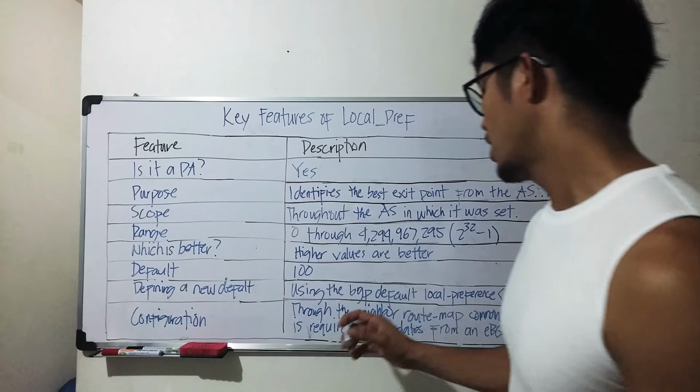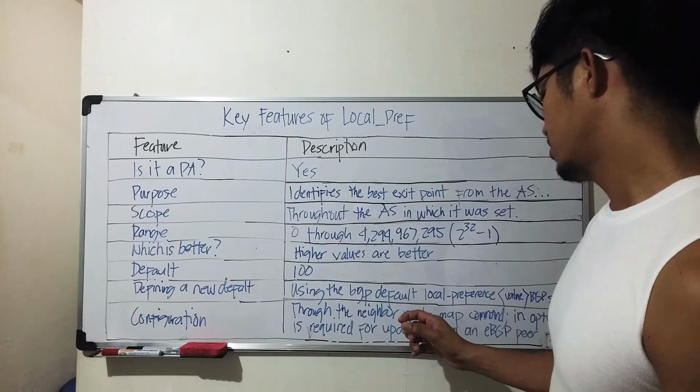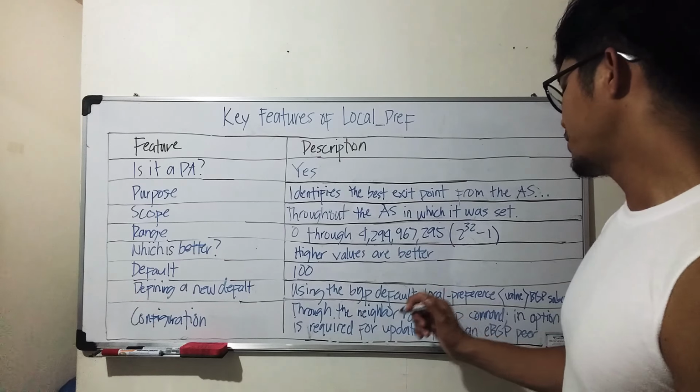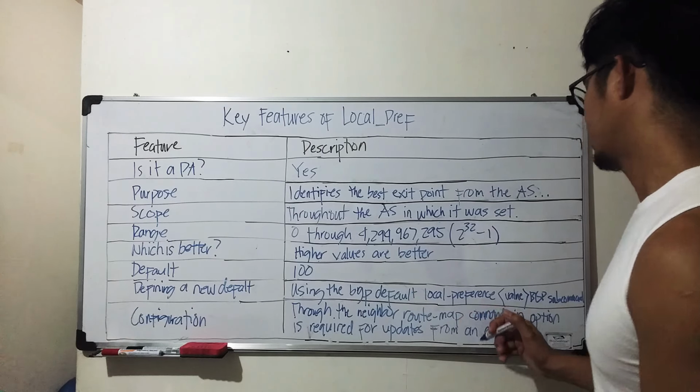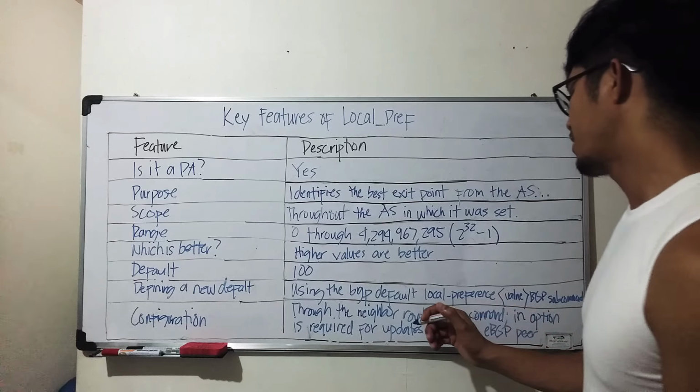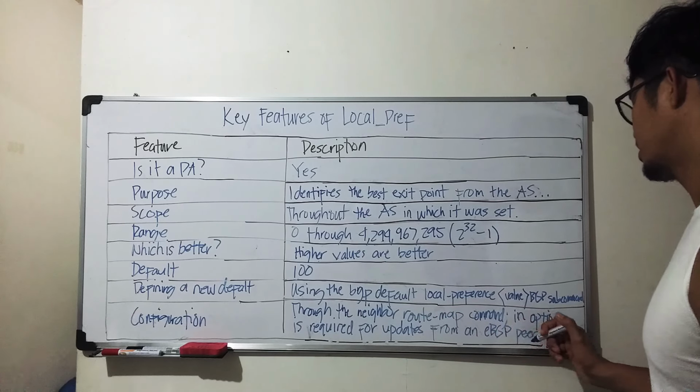Configuration is through the neighbor route-map command. In option is required for updates from an eBGP peer.